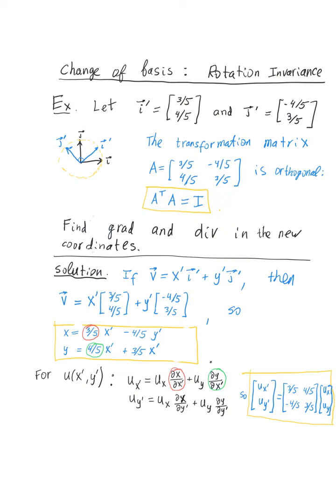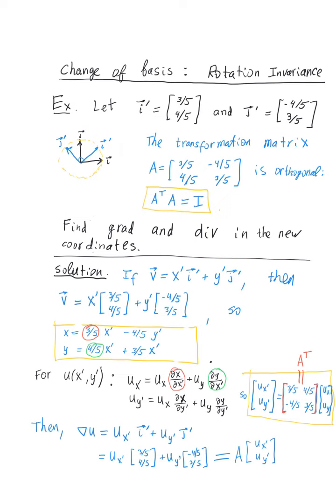So we obtain the formula for how to change from partial derivatives with respect to x, y to partial derivatives with respect to x prime, y prime. We simply need to take our transformation matrix, transpose it, and multiply it by the vector of derivatives with respect to the old variables to get the partial derivatives of u with respect to the new variables.